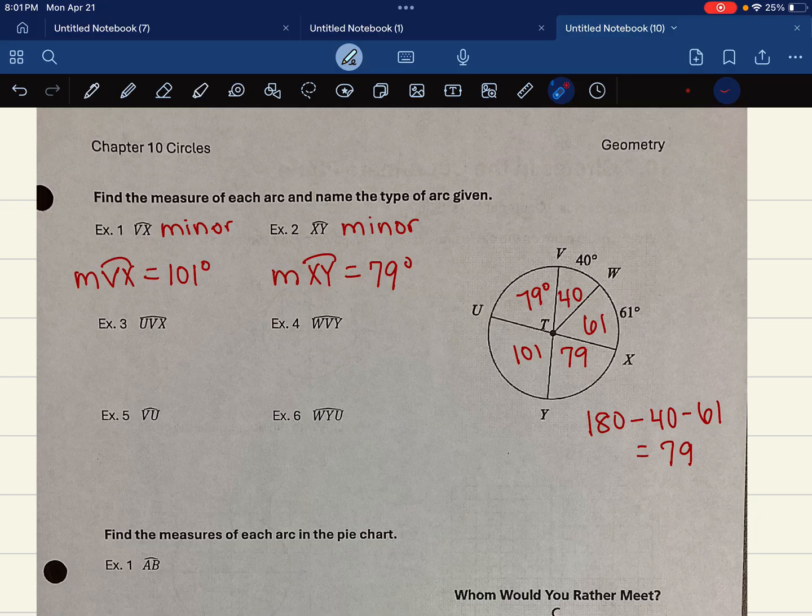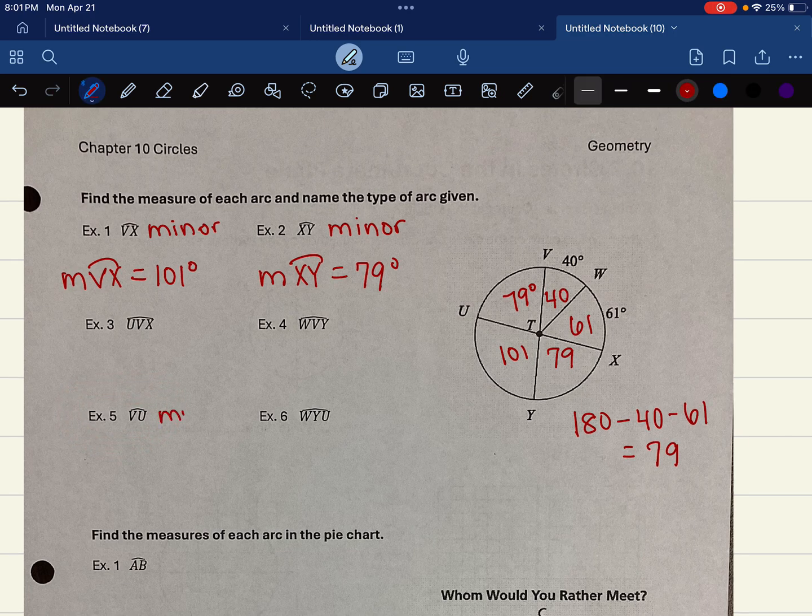It's only named with 2 points instead of 3. So looking on here, we have one more that's a minor arc. So let's go ahead and do that one because we know it only has 2 points. So from V to U is already identified for us, also 79 degrees. So the measure of VU is 79 degrees.